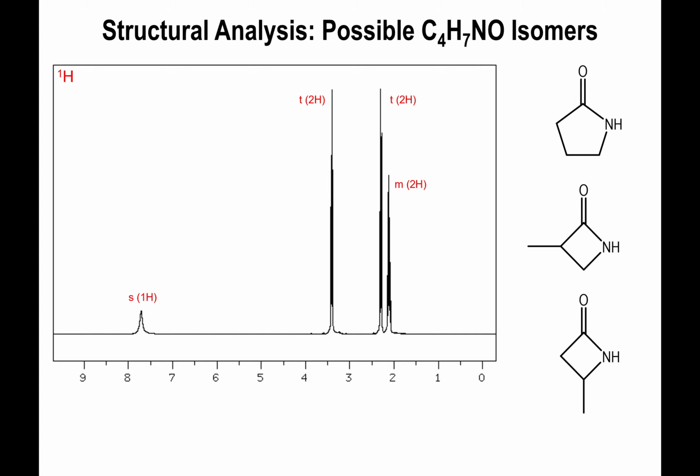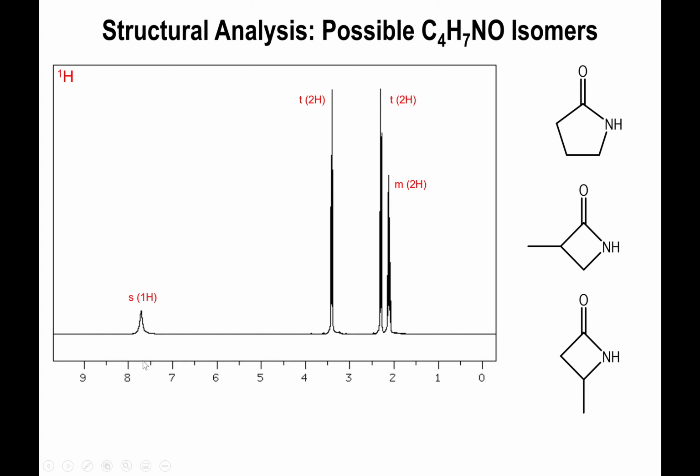The first one is that the peak is actually pretty broad, and generally speaking, the aromatic peaks, they might be multiplets, they might show a lot of splitting, but they rarely ever show up as broad peaks. And the second one, which is perhaps the most important part of it, is that for you to have an aromatic ring, you have to have six carbons in total, and 6 carbons you do not have. So this is not an aromatic peak.